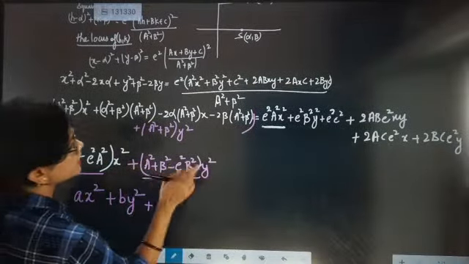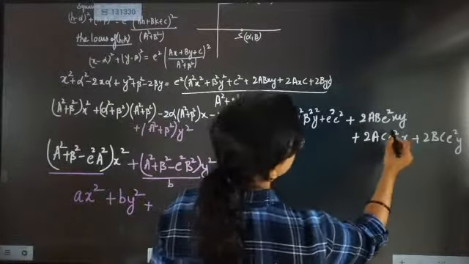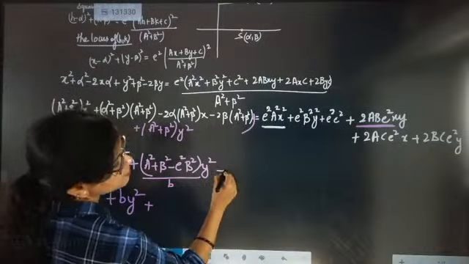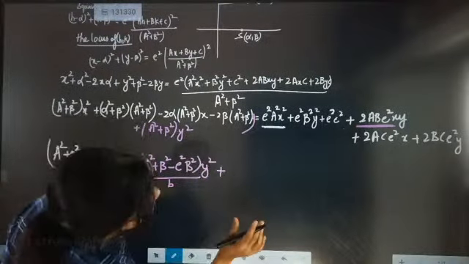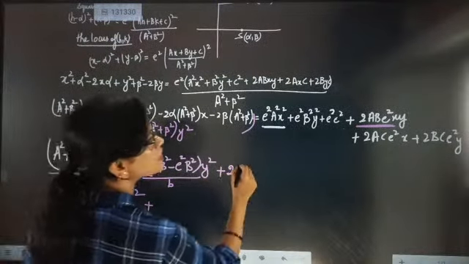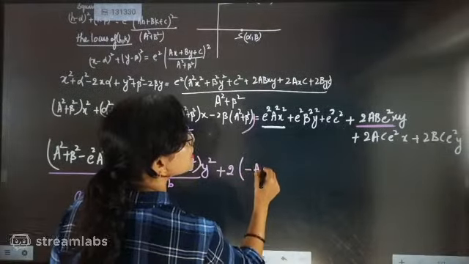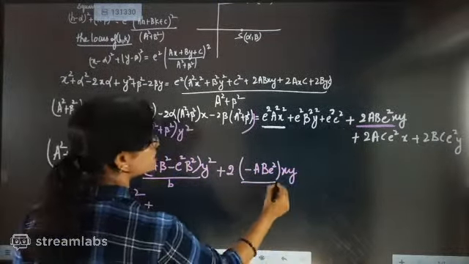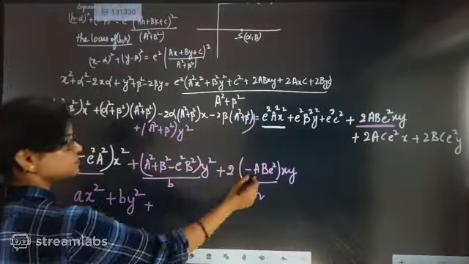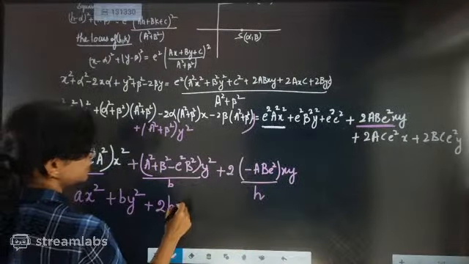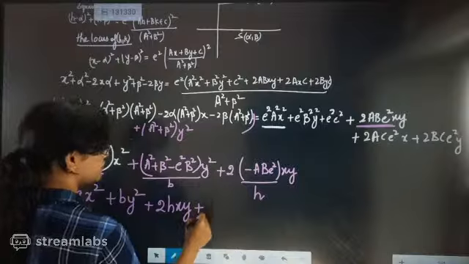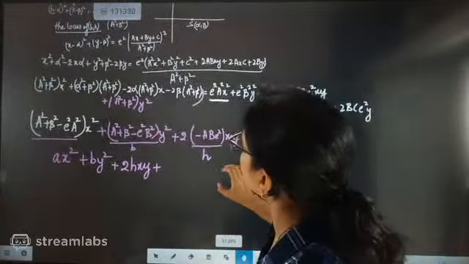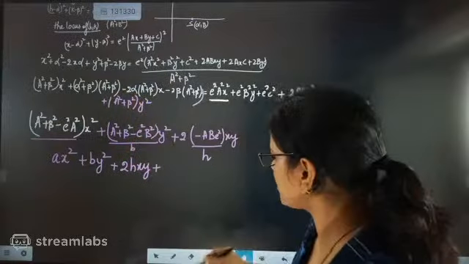Now xy region, you have to check, this part is coming only xy, shift it this side, it is going to be minus, so take minus inside, 2 will be there, minus abe square xy, shall we take this one as h. So now this one will become 2h xy plus, now x region, this part is coming minus part.